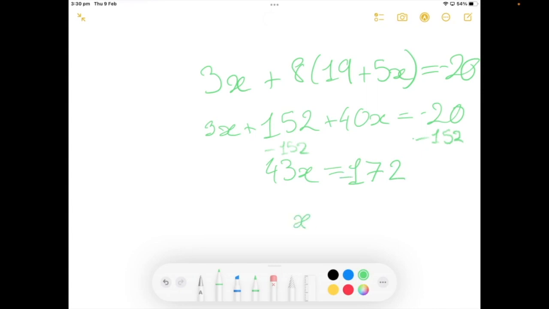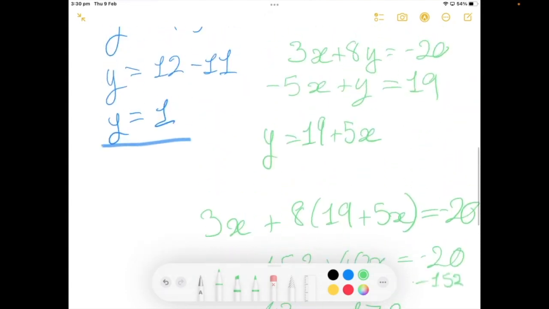Then all I have to do is divide by 43 on both sides, which comes out to be a perfect 4. Not a perfect 4, a perfect negative 4. So this is one answer. I'm assuming I need to solve for the variable. Now let's take the other equation and solve for y.